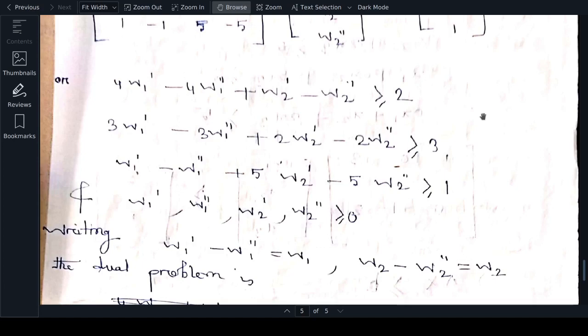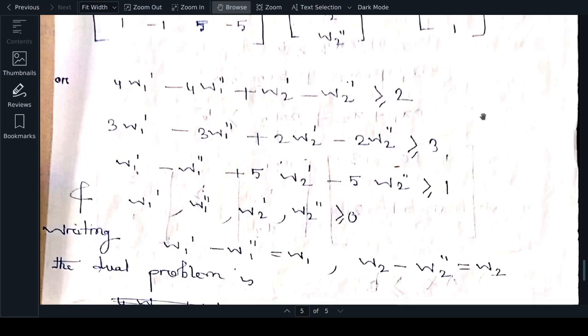The dual problem is then min Zd equal to 6w1 plus 4w2, such that, from the constraint, 4w1 plus w2 greater than or equal to 2.